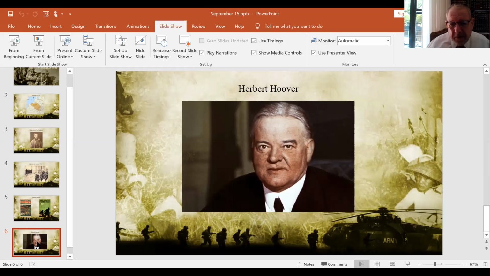He later became the president of the United States. He had the misfortune of being president during the Great Depression, so he will never be remembered as a particularly positive figure because of the suffering that America had to endure because of that depression. Nevertheless, he was the figure who is associated with the American relief program to help the Belgians out.